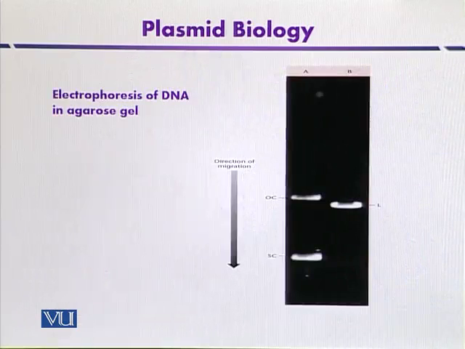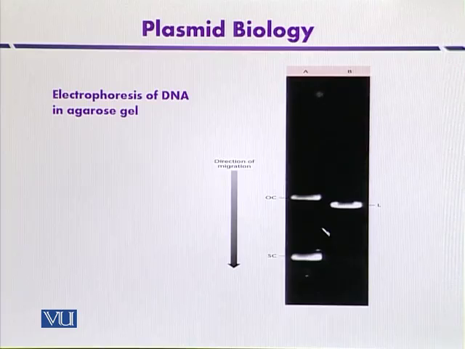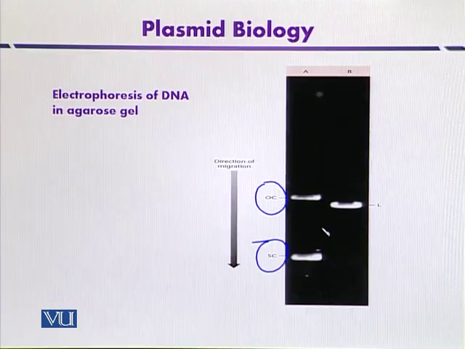So it is evident from this diagram. It indicates the electrophoresis of DNA on agarose gel, and the comparison is between the open circle DNA and the supercoiled DNA, which we can call OC or SC DNA.